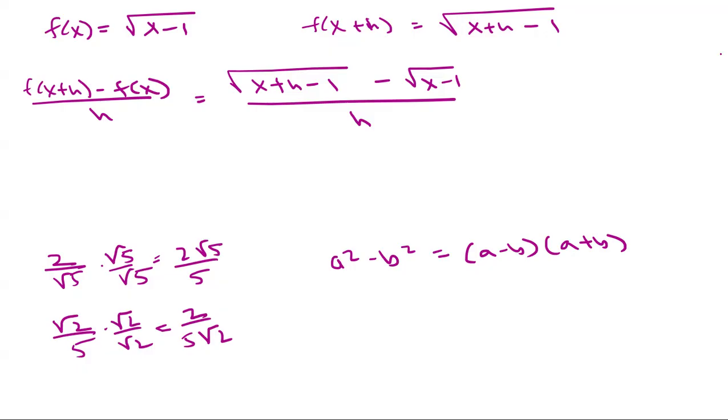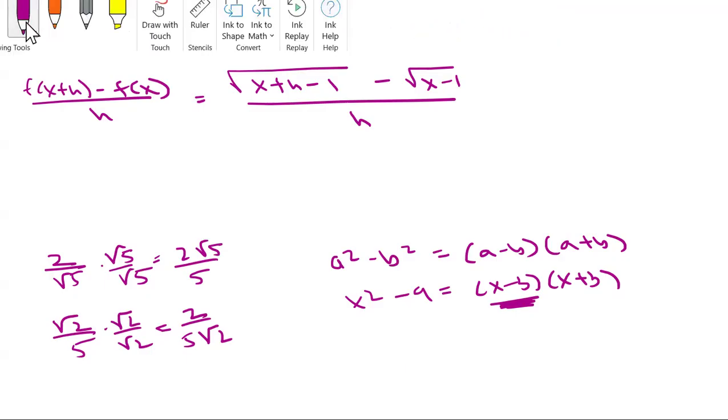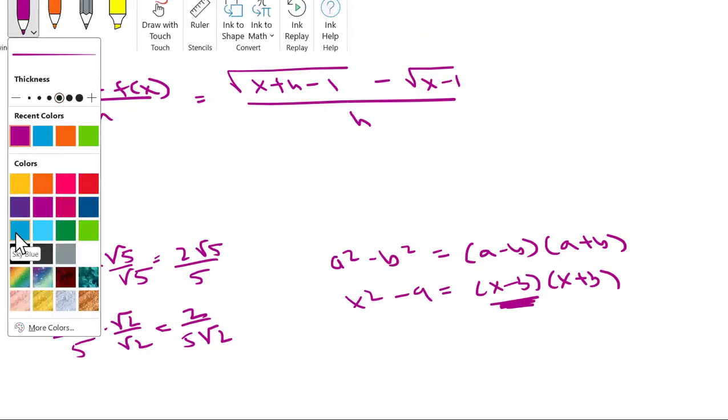So if you had x squared minus 9, that factored into x minus 3 and x plus 3. So if you had x minus 3, the conjugate would be x plus 3, and vice versa. If you had x plus 3, the conjugate would be x minus 3.